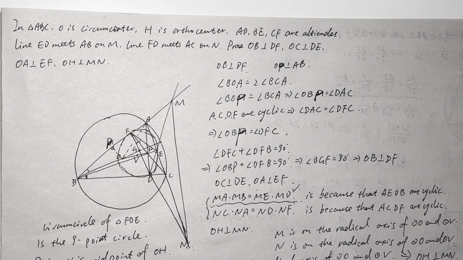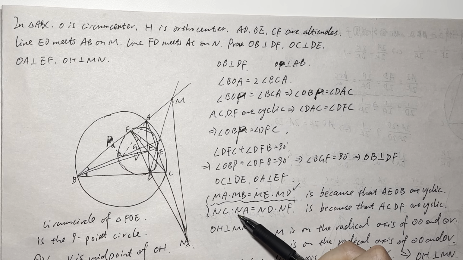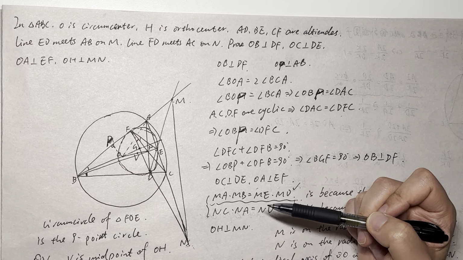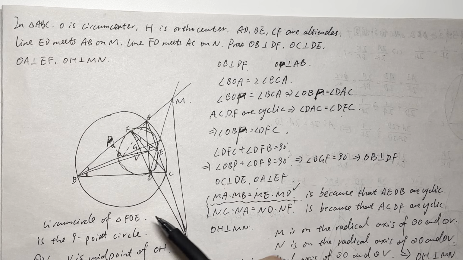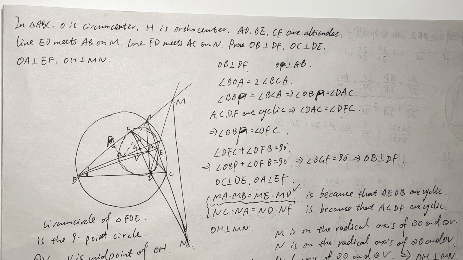perpendicular relationship proof, right? So for the left part of the equations, we notice that they are the power of 2 points to the circle O. So for the right side of the equation, we just need to find which circle it might be, right?